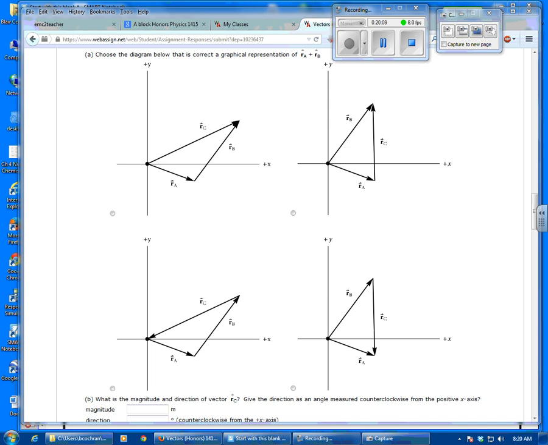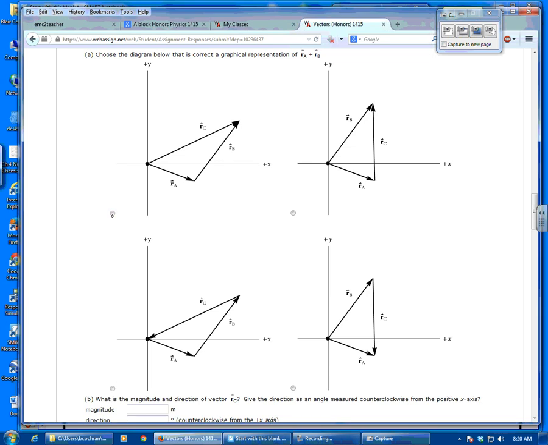Remember, it's tip to tail and then tail to tip. And that's only true in my upper left-hand one here, do I go RA, tip to tail, RB, and then tail to tip, RC? So that has to be my correct vector diagram for it.